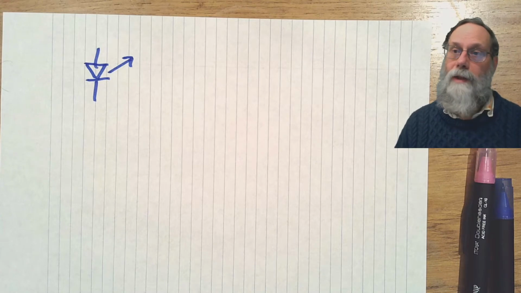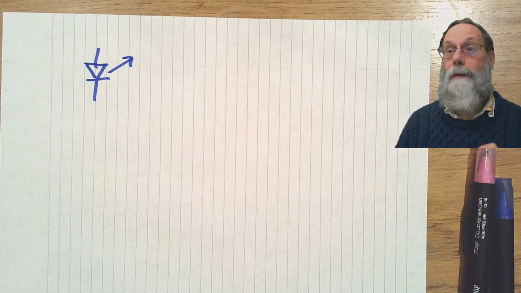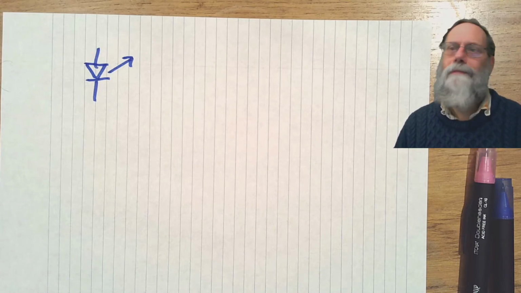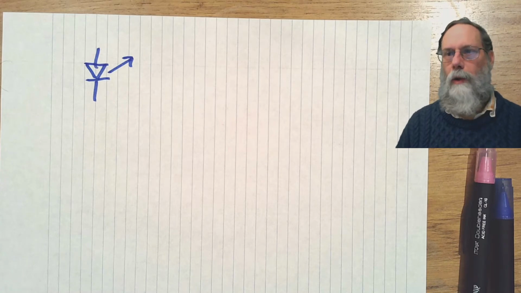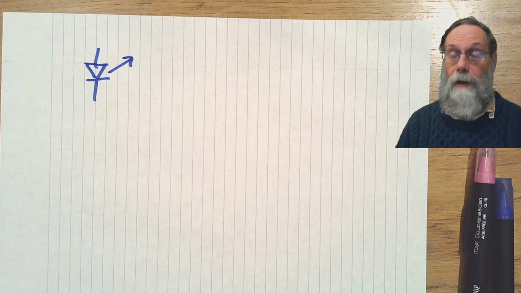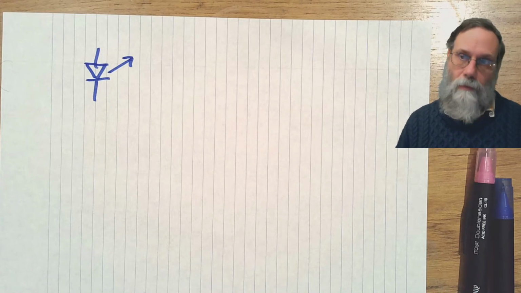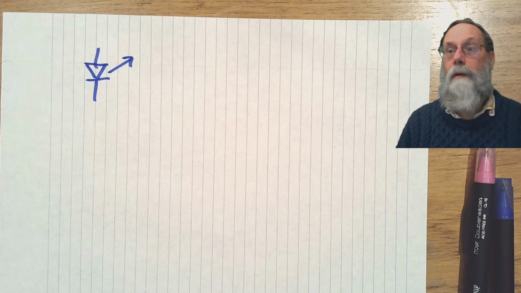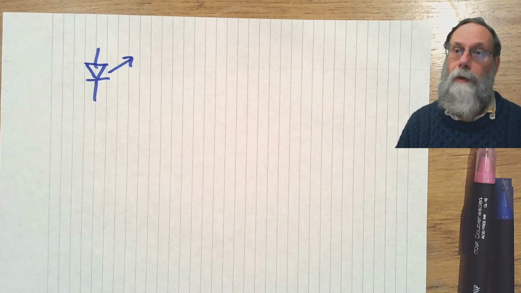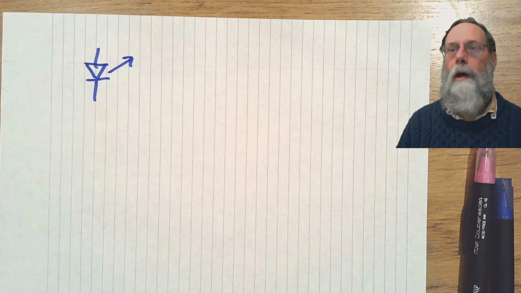And that means that the wavelength of light that you get is moderately well controlled. It's not as precise as you would get, say, from a laser diode, but it is within a reasonably narrow range. So you can think of LEDs as being almost monochromatic.